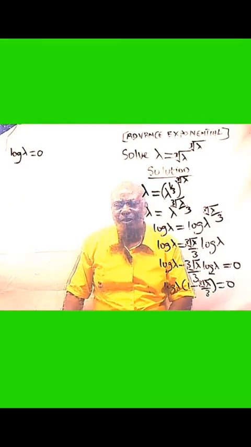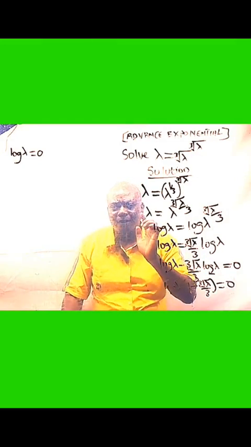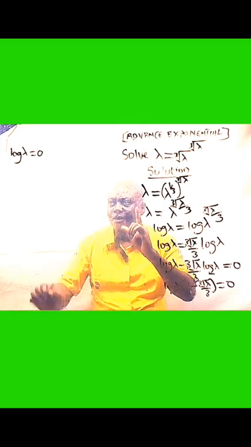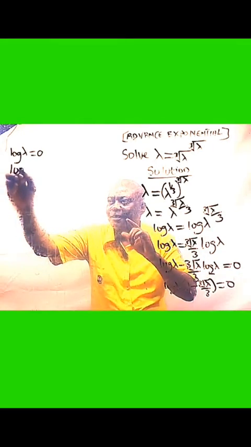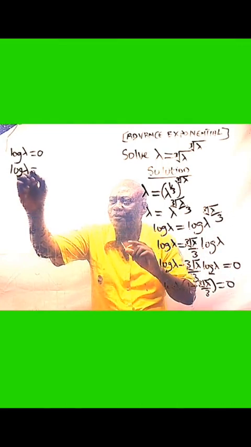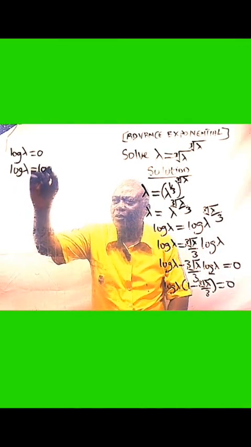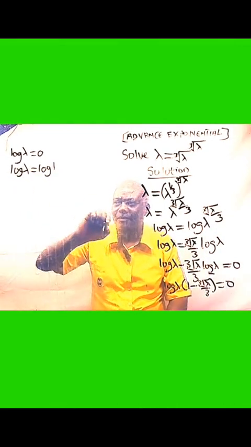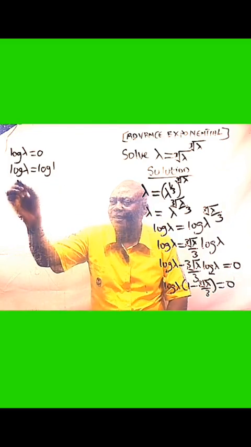Remember, in logarithm, the log of 10 is 1. Log of lambda equals 0, this 0 is like log 1. So from here, you would know clearly that lambda is equal to 1.